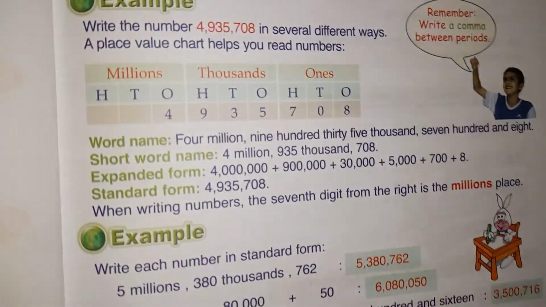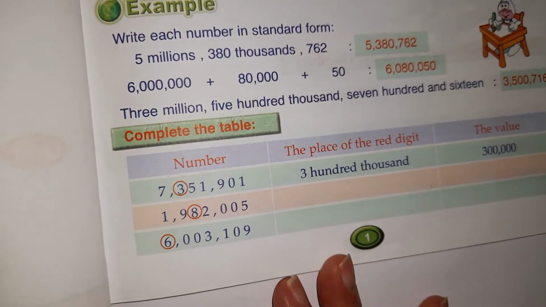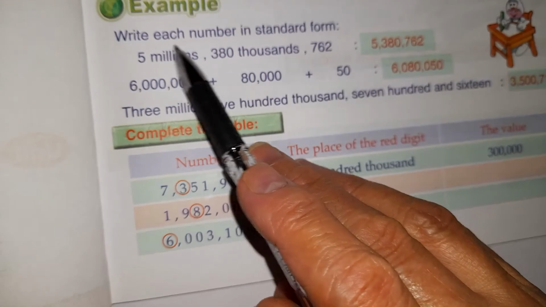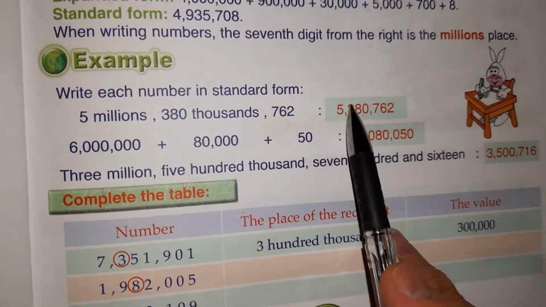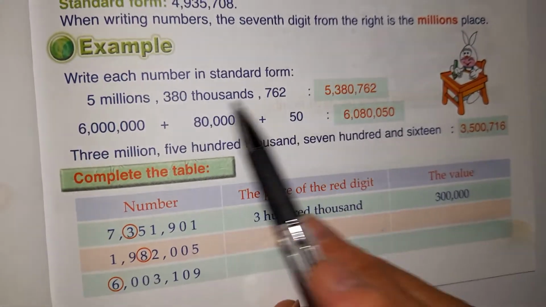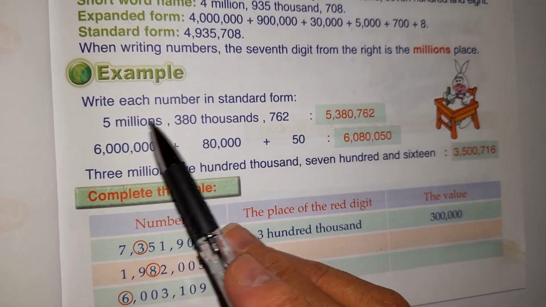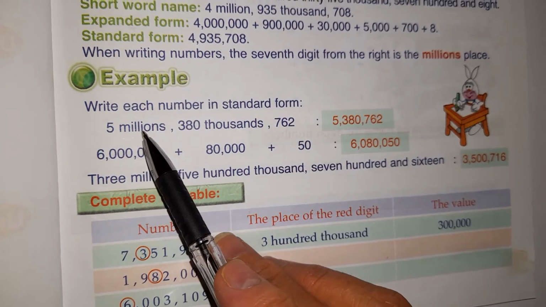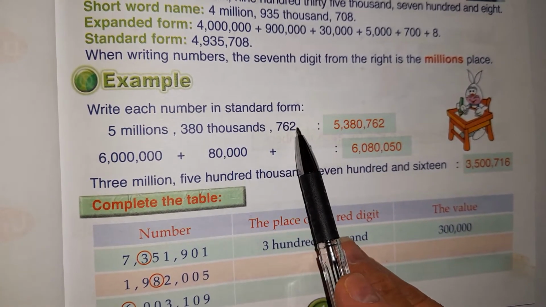Now, let's try to solve the questions in page 1. They said, write each number in standard form. They solved 2 examples to show you. This is the word form, the short word name. They wrote 5,380,762.